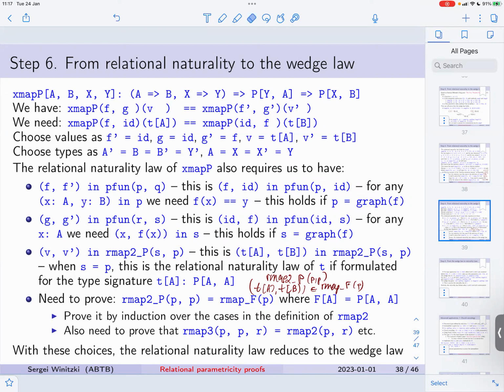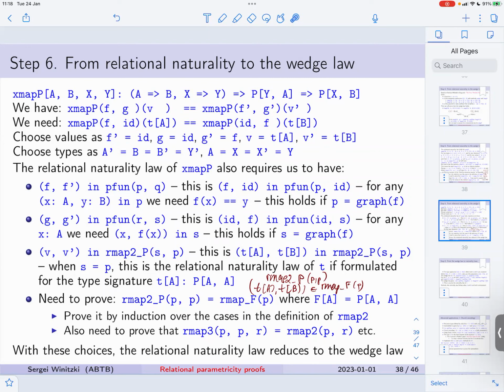I'm not going to show you the proof, it's in my book, where you also need to prove that the simultaneous lifting of 3 relations, where 2 of them are repeated, is the same as the simultaneous lifting of just 2 relations to a type constructor where the 2 type parameters are equal and collapsed into a single one.